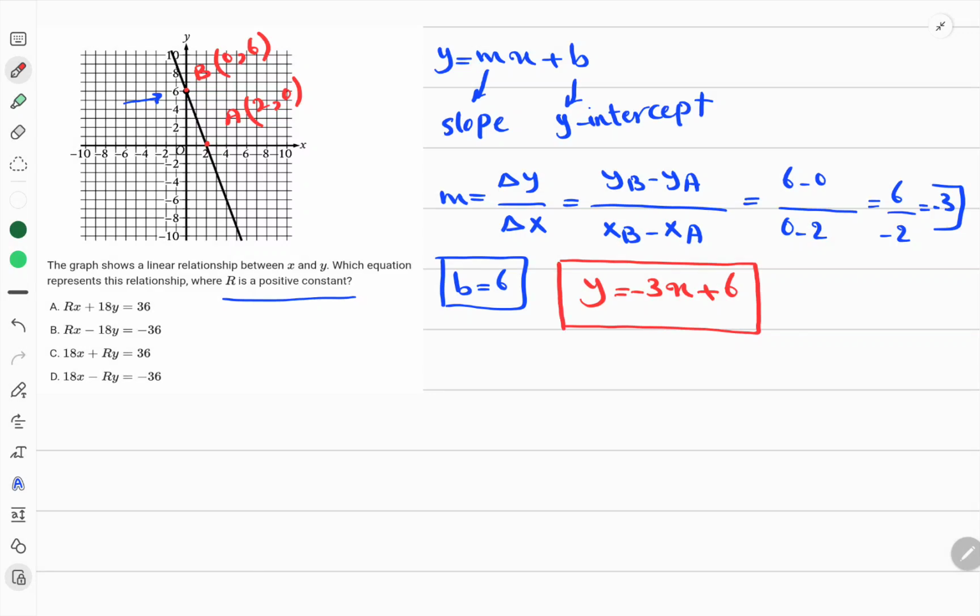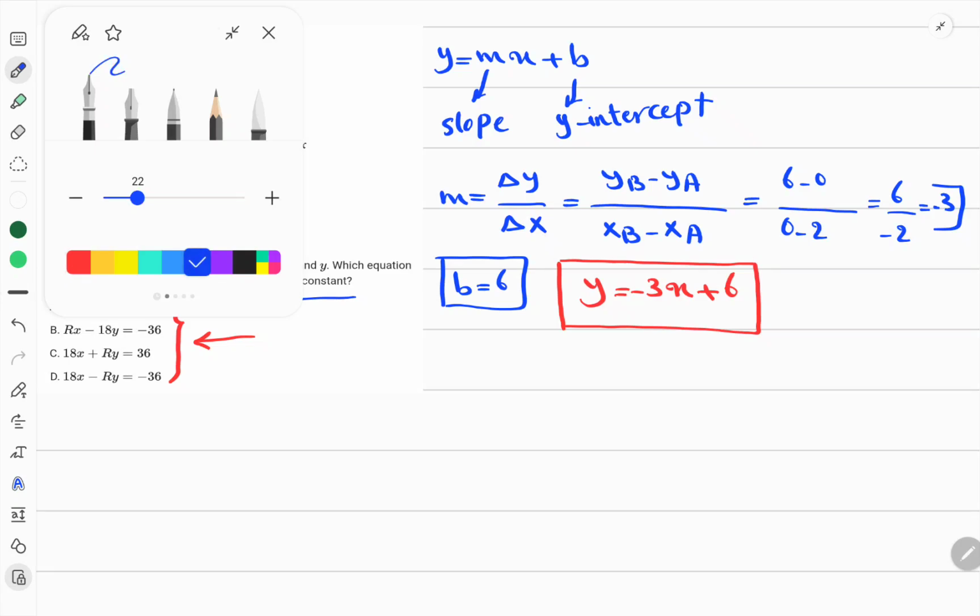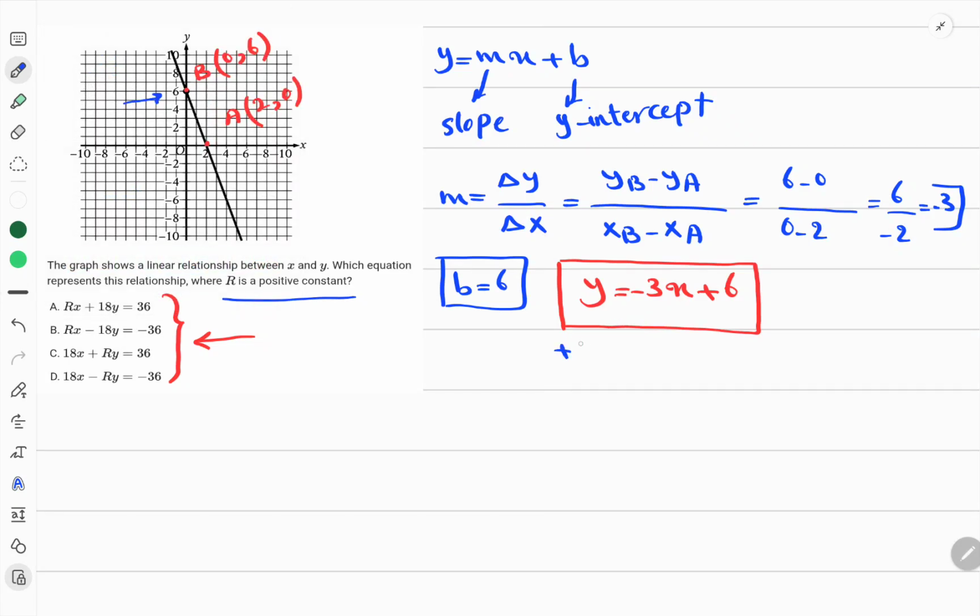But we should try to convert this form of equation to equations like this. You can see that x and y are on the left hand side of the equation, so it's better to add positive 3x to both sides of the equation. Y plus 3x equals 6.